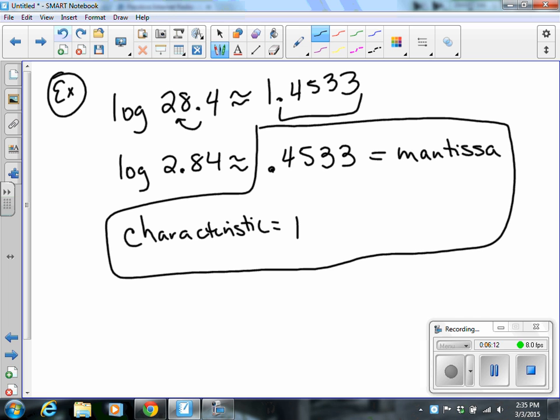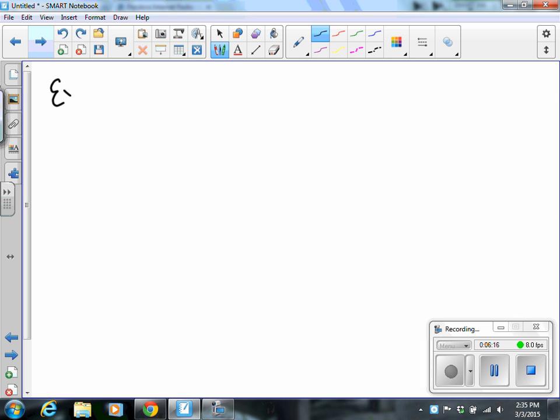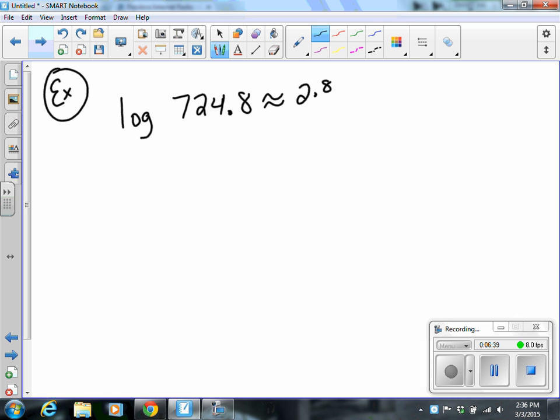Final answer. So for you guys, I've got the log of 724.8. I would like you to find the mantissa and the characteristic. Looking at this, I go ahead and plug it right into my calculator, which gives 2.8602.